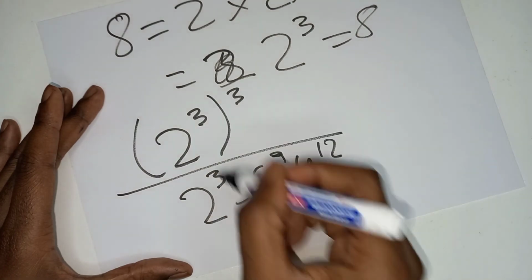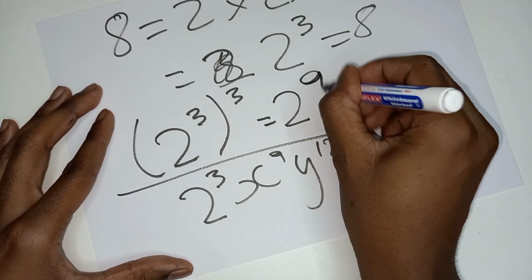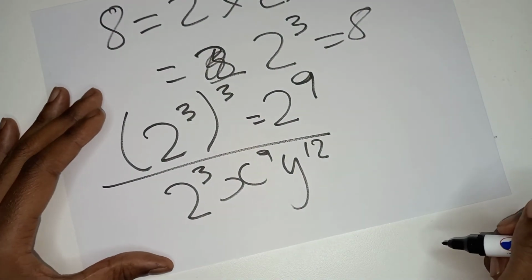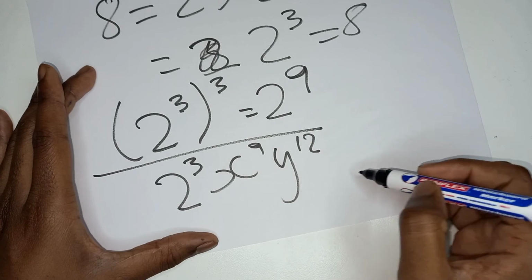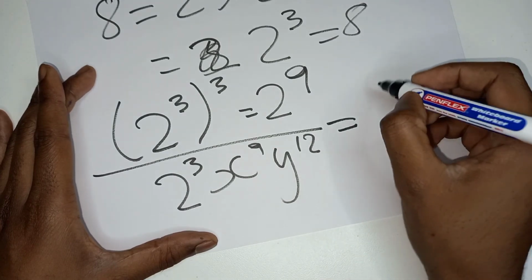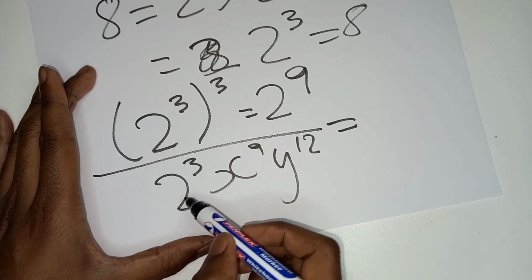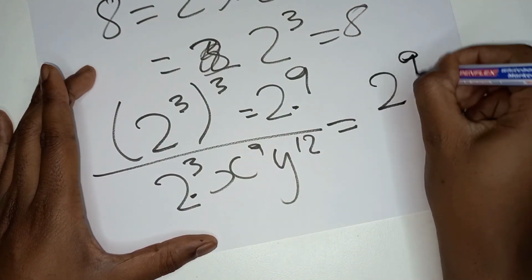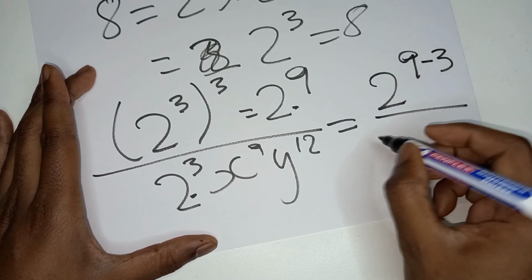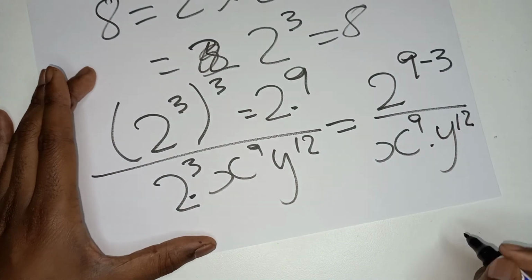And then if I multiply this here, it's going to be 2 to the exponent of 9. Right? And now that I have it as 2 to the exponent of 9, if I do the division rule between this and that, I will have 2 to the exponent of 9 minus 3 divided by x to the 9 times y to the 12.